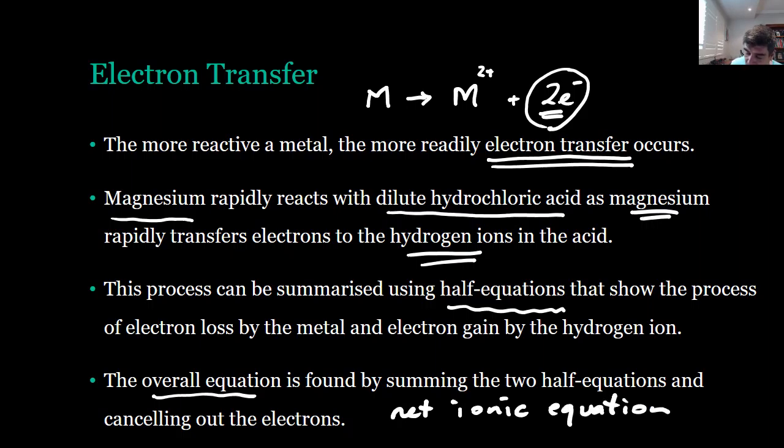The two half equations are an oxidation, which is a loss of electrons, and a reduction, which is a gain of electrons. Hopefully, when you put these two half equations together, you'll do so in such a way as to cancel out the electrons, so that we've not created or lost any electrons, but those electrons are being transferred from one species to another.